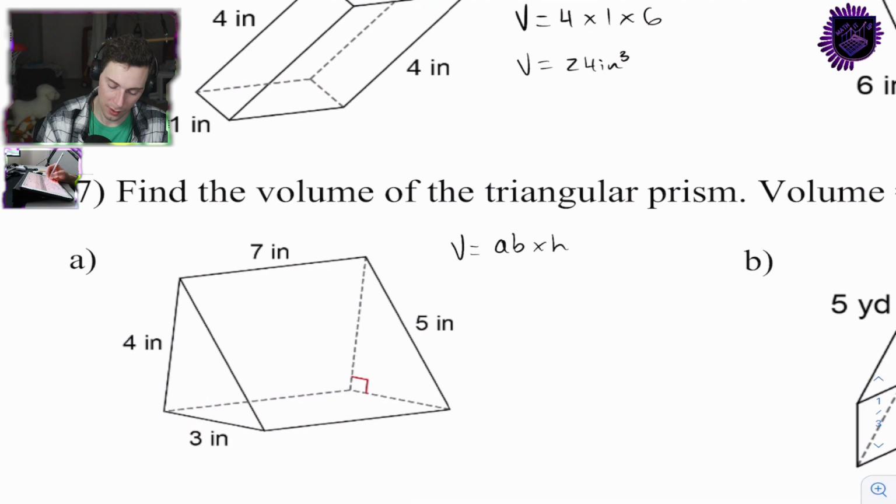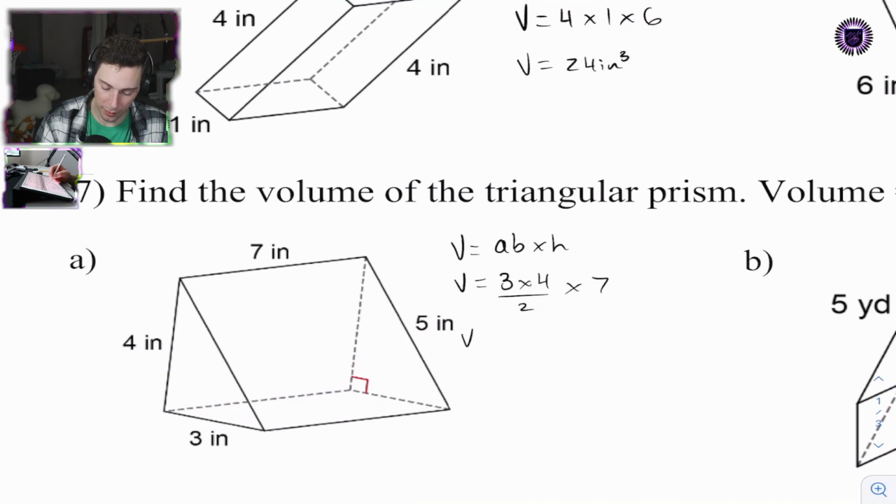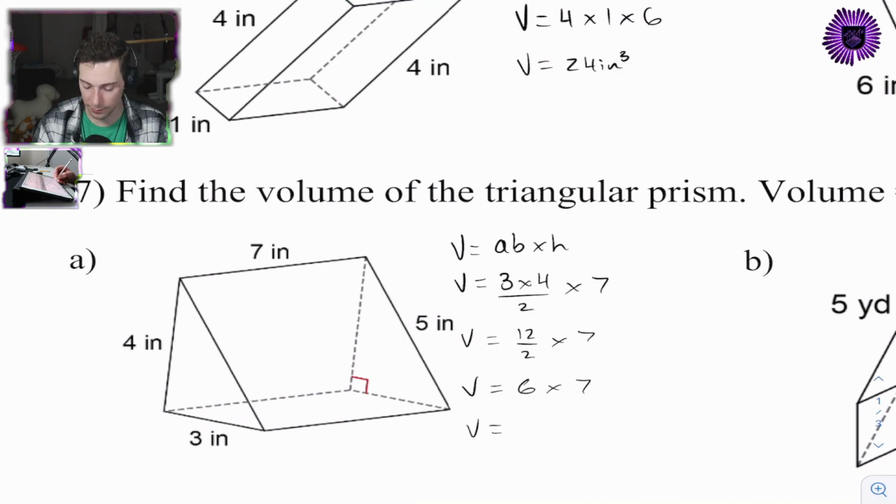So volume will be equal to, in this triangle, 3 times 4 divided by 2 times 7. So our volume will be equal to 12 divided by 2 times 7. Our volume will be equal to 6 times 7. Our volume is 42 inches cubed.